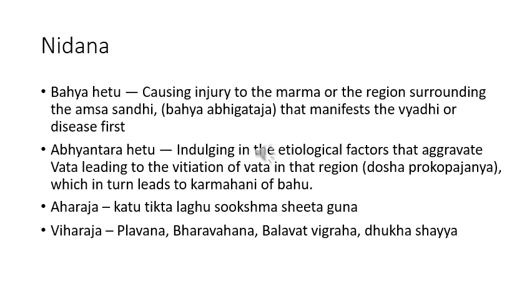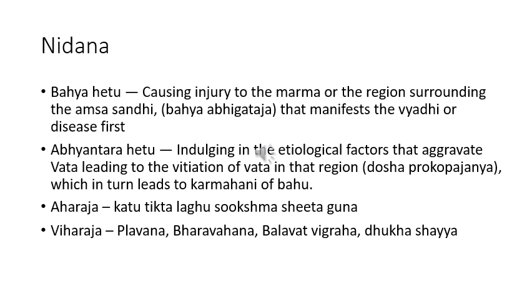The Abhyantara Hetu includes indulging in various etiological factors that aggravate vata, leading to vitiation of vata in that area, that is dosha prakopa, which in turn leads to karmahani of the bahu. It includes the various aharaja and viharaja factors.